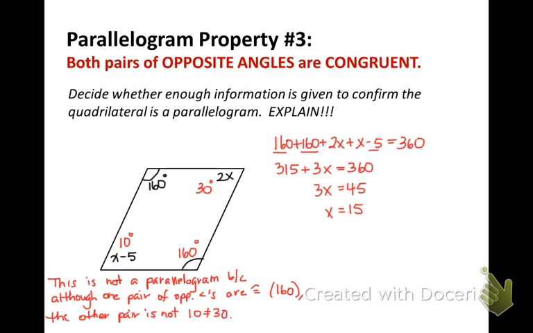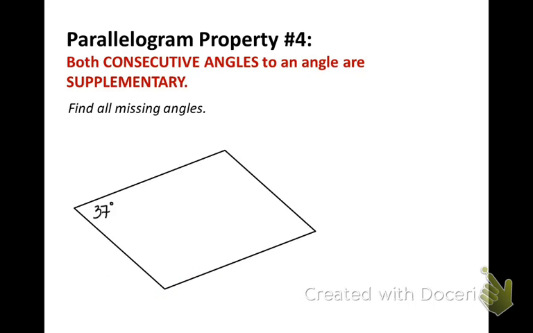Okay, so property number 4 says that if you have a parallelogram, or if you want a parallelogram, then consecutive angles, both consecutive angles to one angle, should be supplementary. So first of all, can anyone explain to me which angles up here, and I'll put some letters around so you can easily tell me.